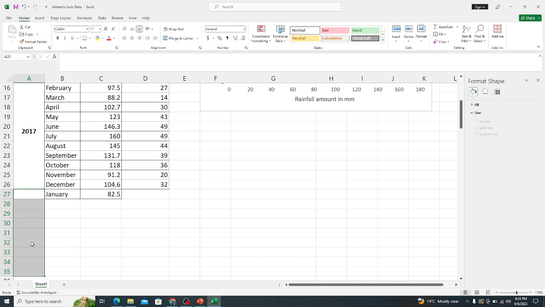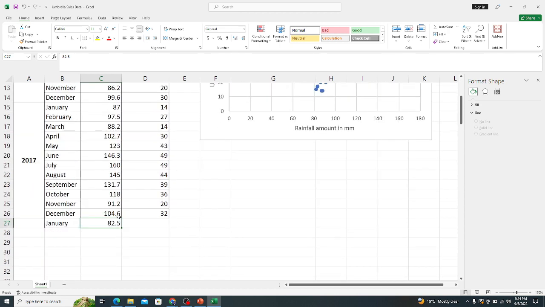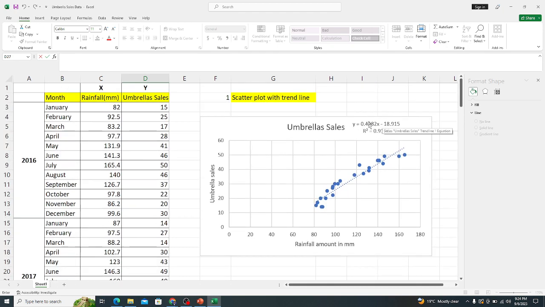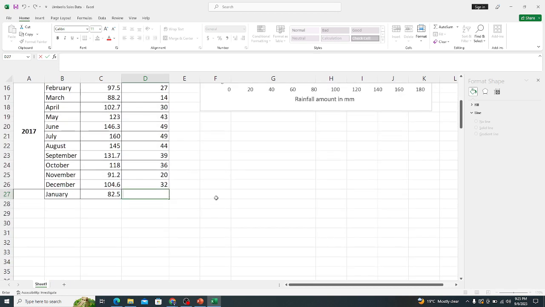Let's assume this is 2018 and I'm predicting the amount of rainfall in January will be 82.5. Okay, yes. So with that now I can come and say equal to, I can as well write the model here, this will be our y value.